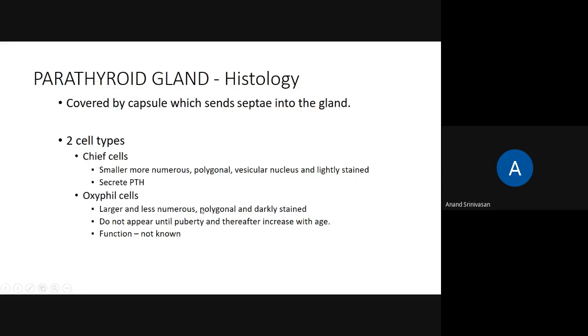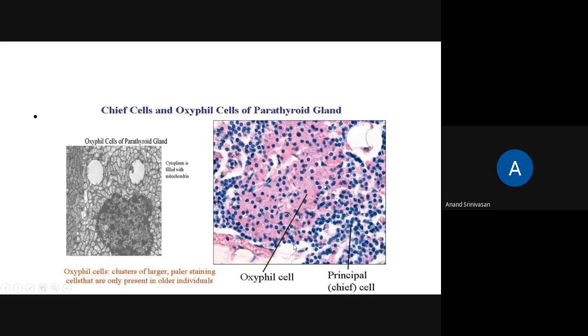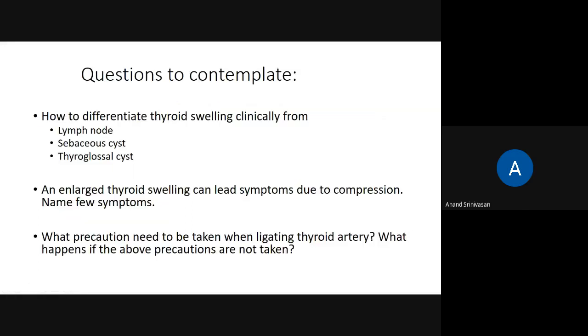The oxyphil cells are polygonal and stain darkly, but their function is still not very clear. Here you can see the oxyphil cells, and these small tiny ones are the chief cells.